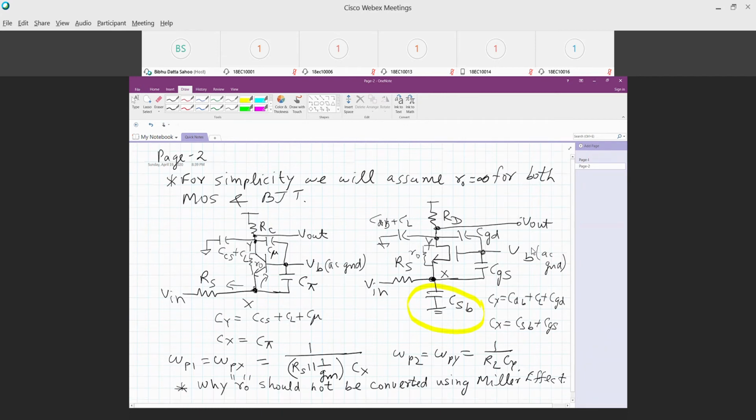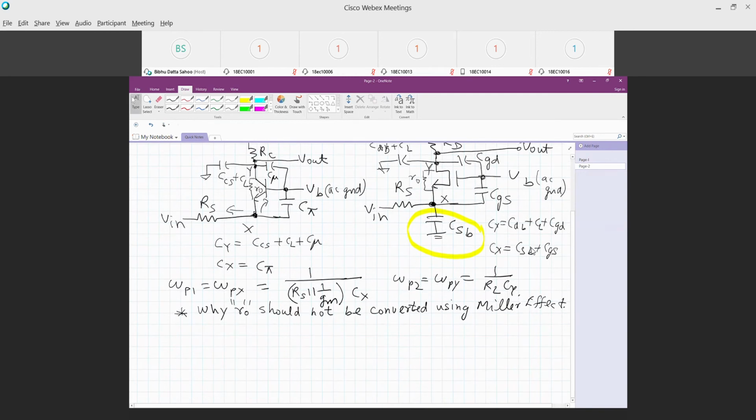Now, the next thing that I also want to say is that yesterday we talked about something called a dominant pole. Dominant pole is the high frequency pole which has the lowest magnitude. For example, omega P1 and omega P2 are the high frequency poles. So whichever is the smallest of these two will become the dominant pole.